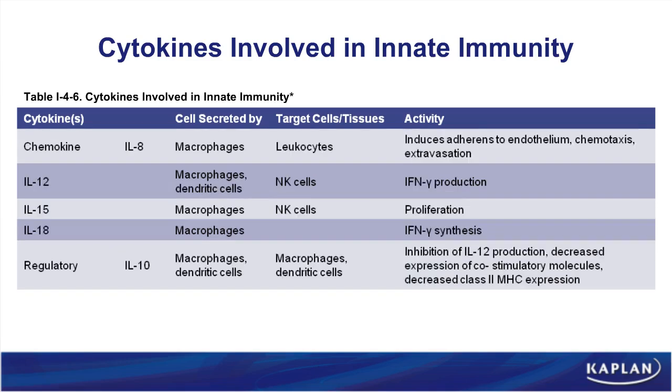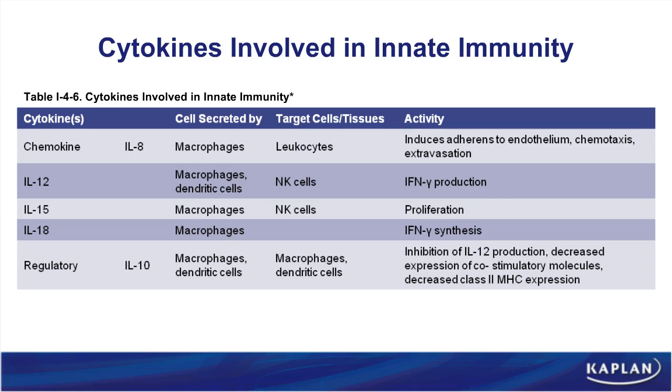Here you can see a lot of the cytokines that Dr. Ali talked to you about. IL-8, which we know is super high yield as a chemotactic molecule. IL-12 we've talked about as a molecule that's going to be important in the development of cell-mediated immunity.